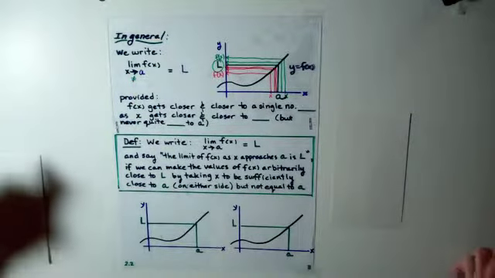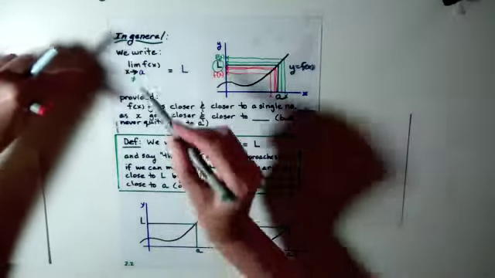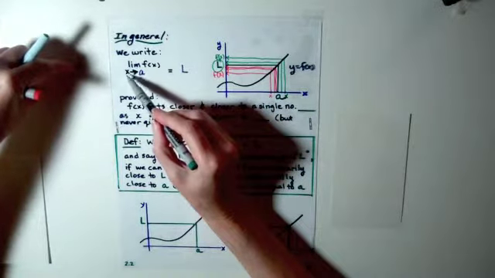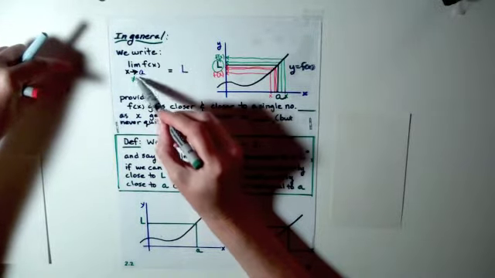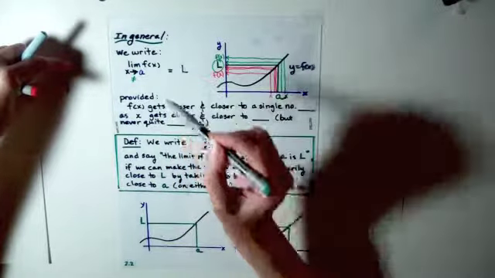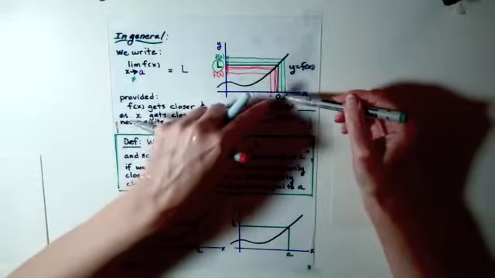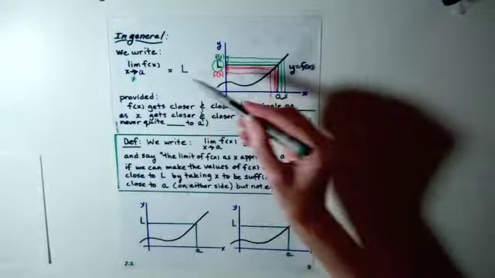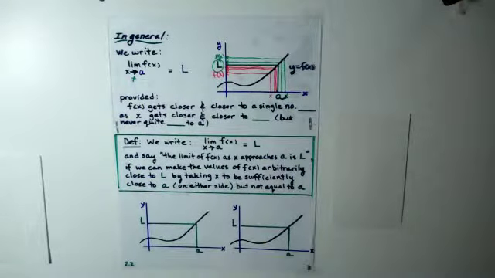That's not an official part of the symbol, but it reminds me that I'm looking at the limit as x approaches but is never quite equal to a of f of x. And as x gets close to but never quite equal to a, the outputs are close to L.